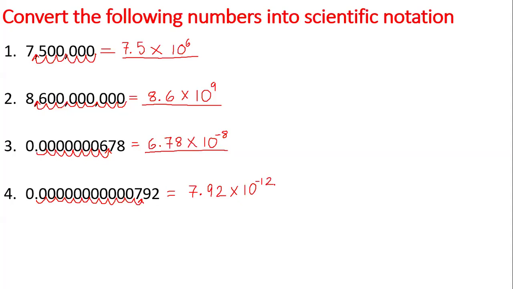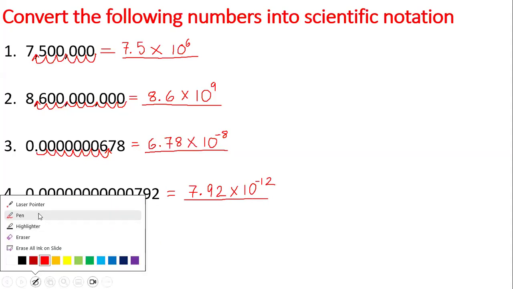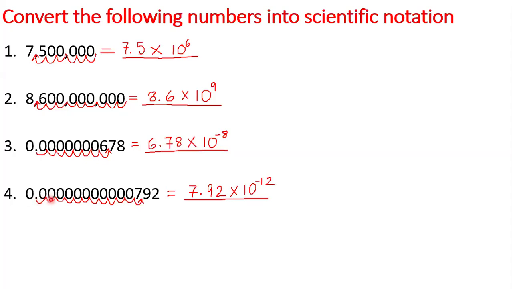Very good. And it's negative 12 because we're moving over to the right. 1, 2, 3, 4, 5, 6, 7, 8, 9, 10, 11, 12. Very good.